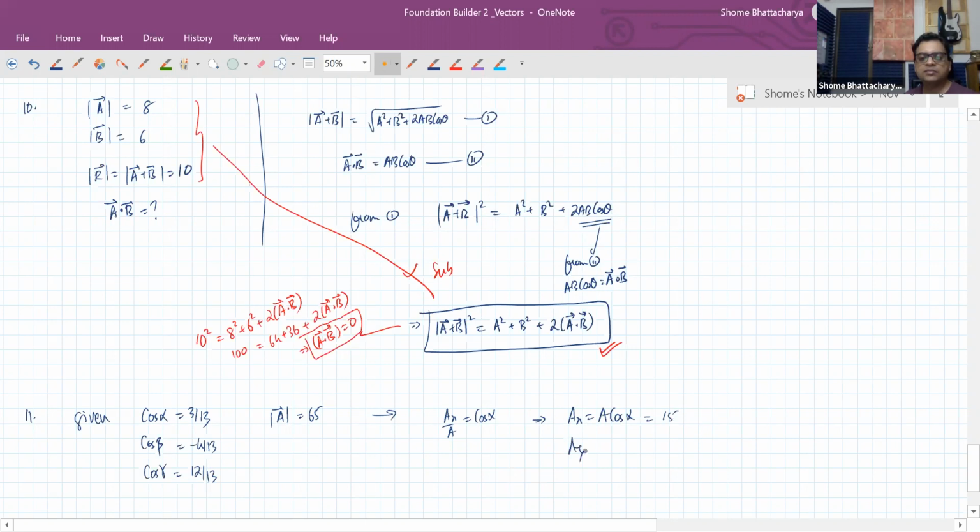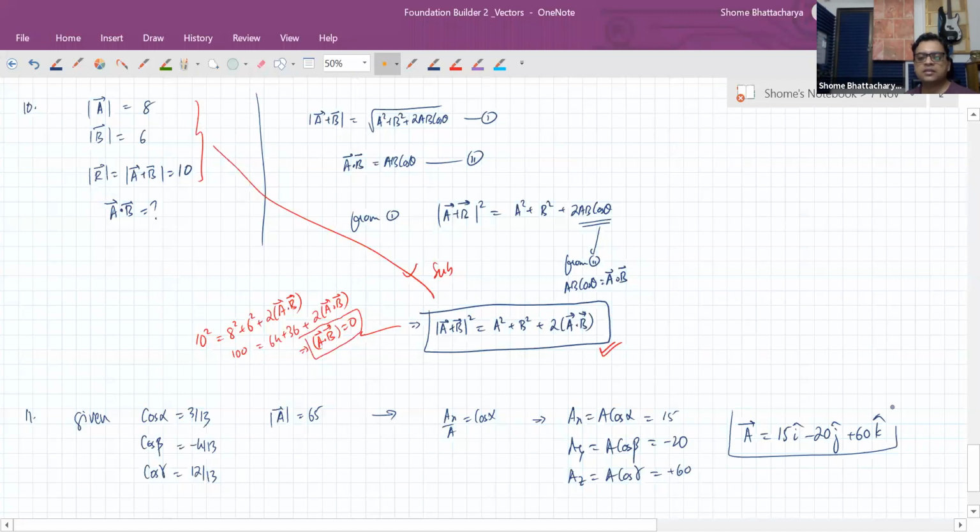Similarly, Ey will become E cos beta, so that will become minus 20, and Ez will become E cos gamma, so that is plus 60. So the vector E itself will be 15 i cap minus 20 j cap plus 60 k cap.